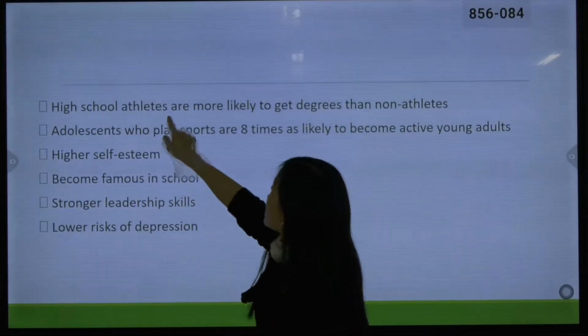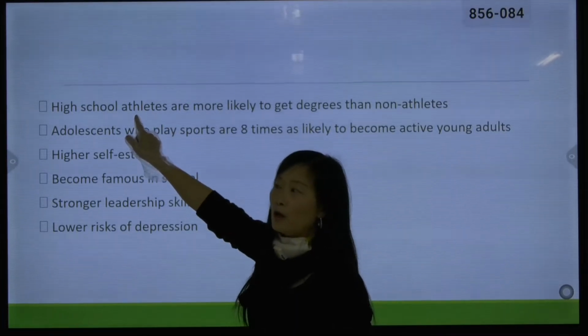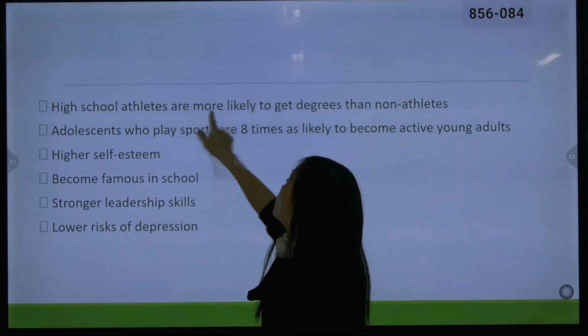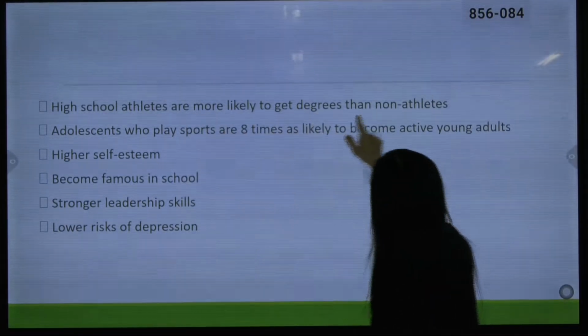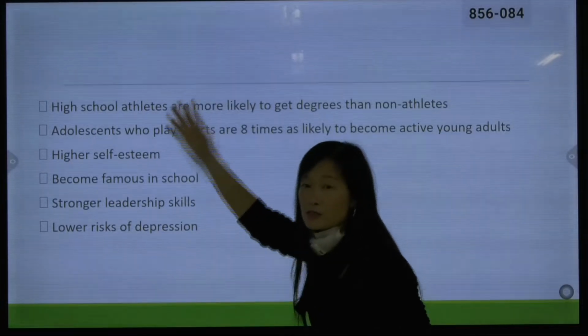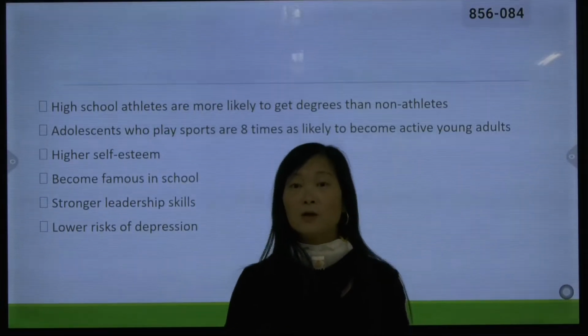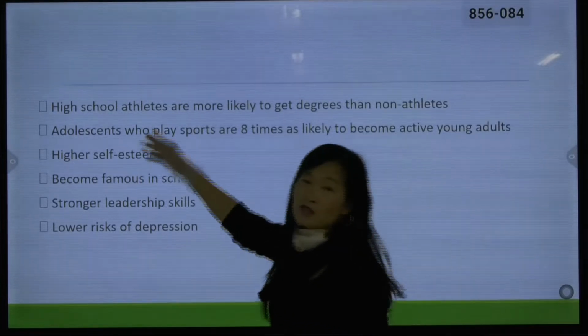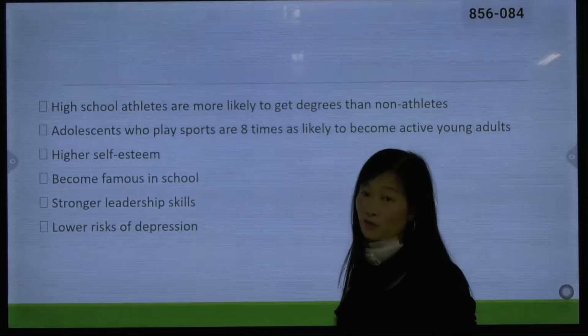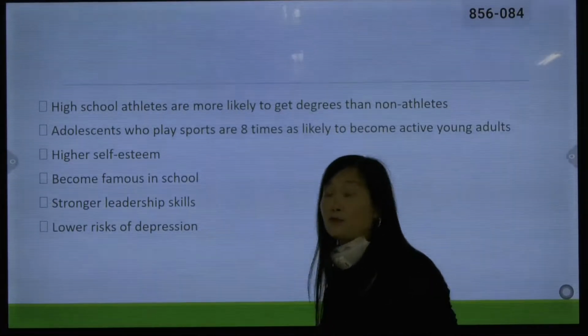High school athletes are high school students who play sports. Athletes are more likely to get degrees than non-athletes. It means they have a higher chance of going into the university. So if you play sports, maybe you're more active and you have a higher chance of going to university.